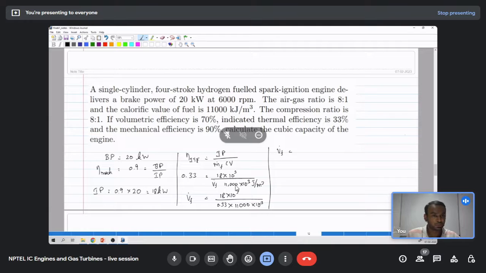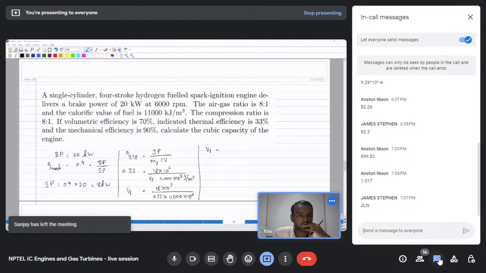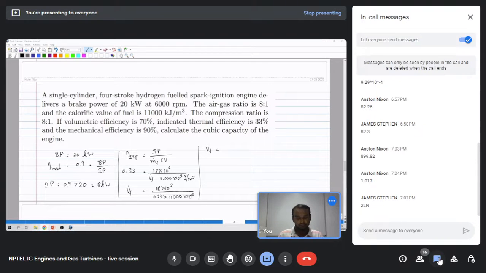Can someone compute this? 4.95 into 10 to the power minus 3 meter cube per second. Right? So now we have the volumetric flow rate of fuel.